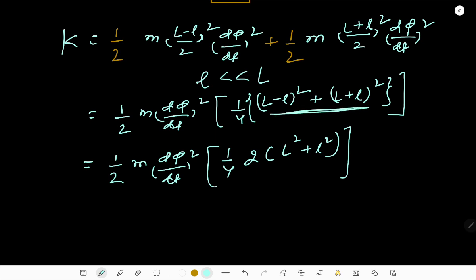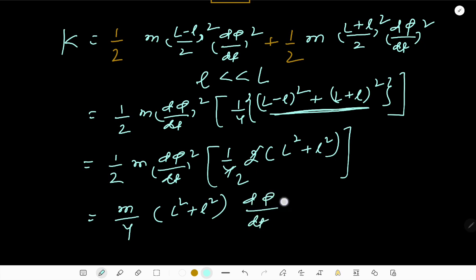And so we have the final expression like m upon 4 (L square plus l square) multiplied by d phi by dt square.